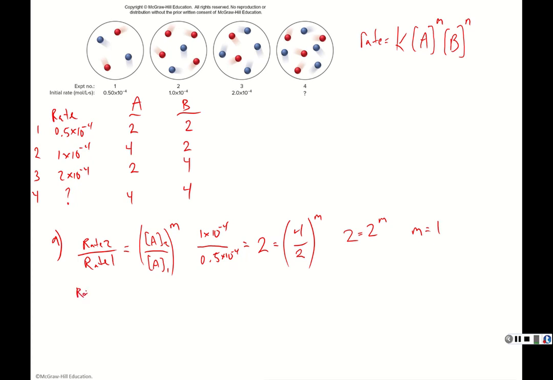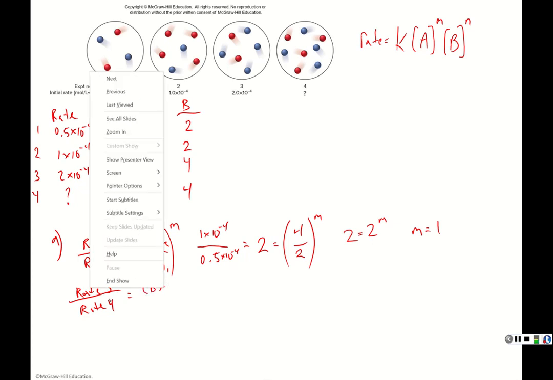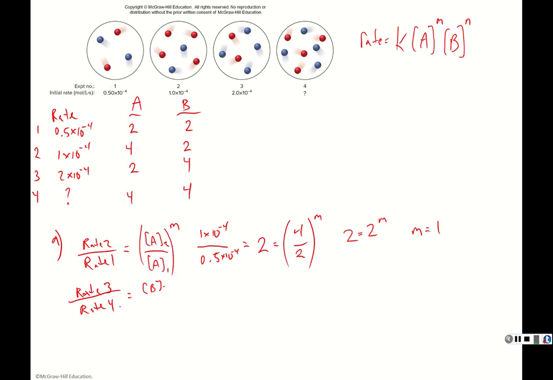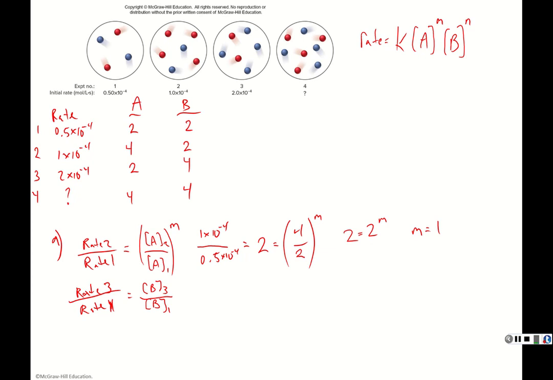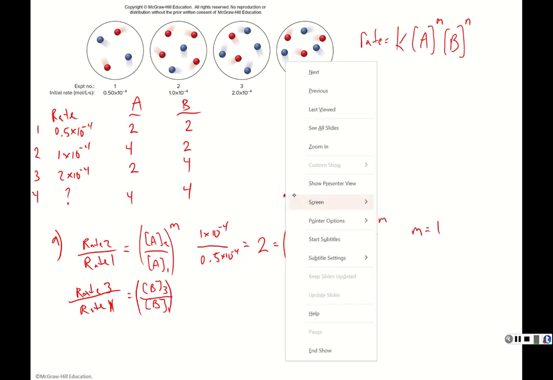Now we can do the same thing using the rate of experiment 3 compared to the rate of experiment 1, not experiment 4. That gives the concentration of B in experiment 3 divided by B in experiment 1, to the n power.